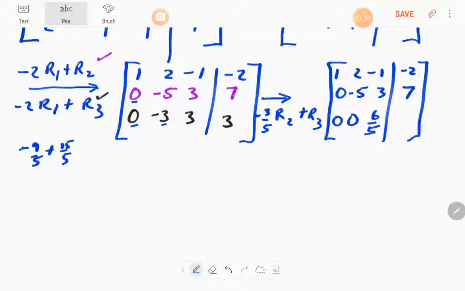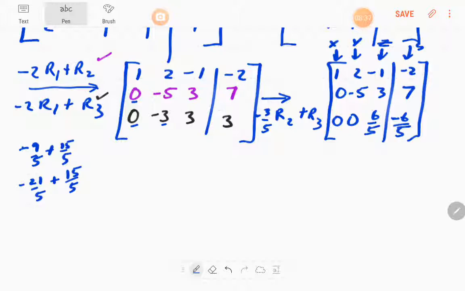And then minus 3/5 times 7, that's minus 21 over 5, plus 3, which is 15 over 5, so this is minus 6/5. Okay? So now recognize that this represents the x coefficients, this represents the y coefficients, and this represents the z coefficients. These represent our solutions.